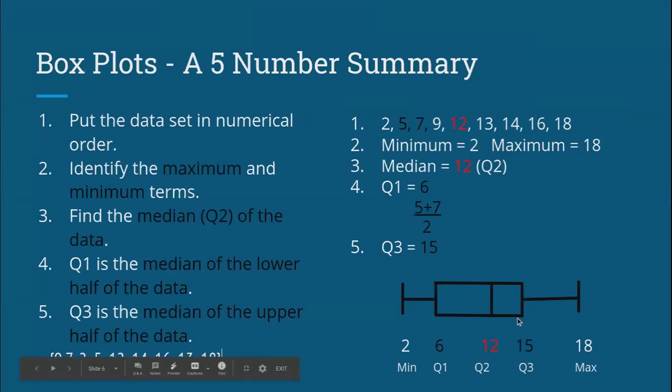If it's equidistant from both, you could put it in the middle. But if Q2 is closer to Q1, put it down there. So if it was 8 for our sample, it would be closer to 6.